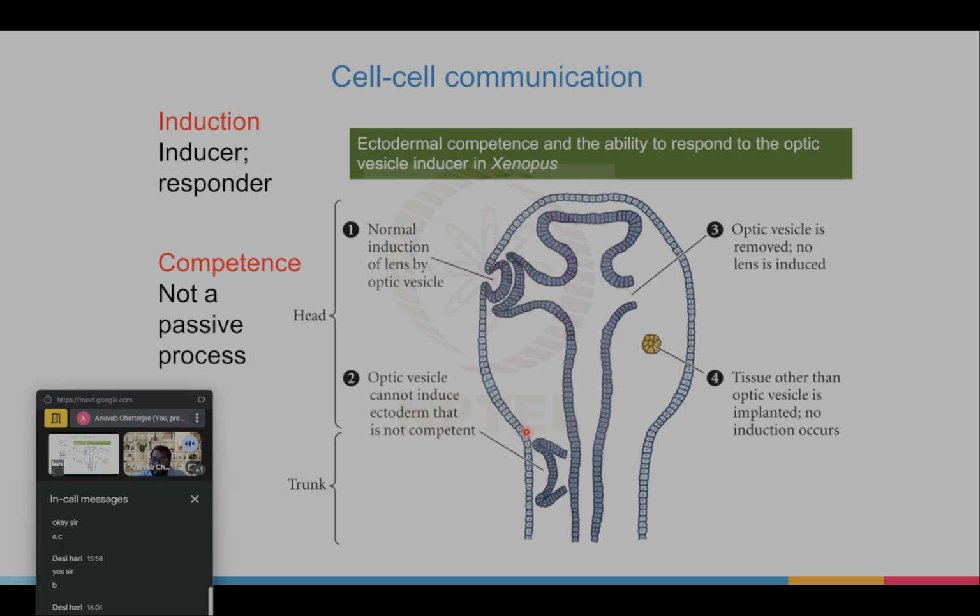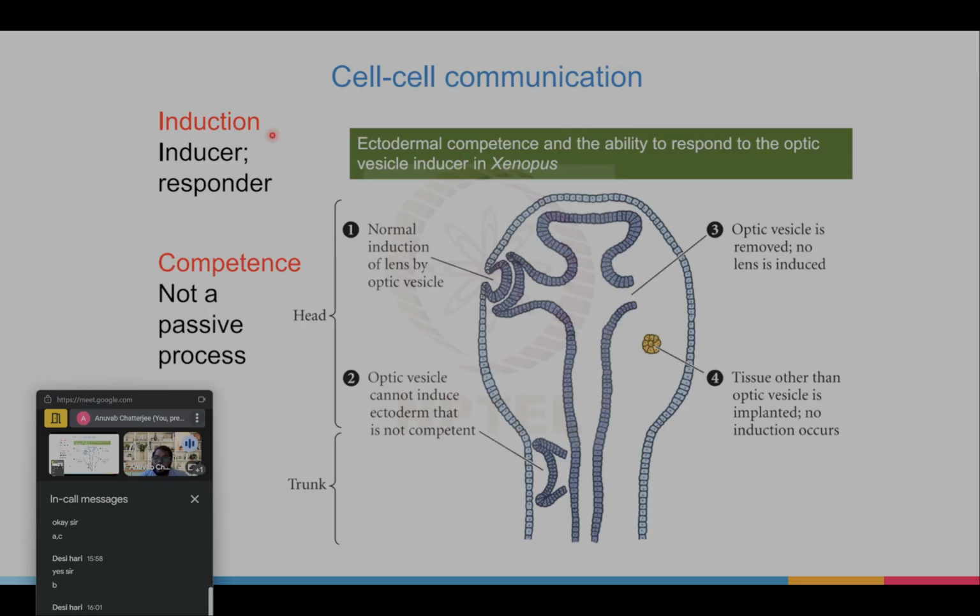So it is not competent enough to receive the signal and undergo lens formation. So these two things go hand in hand. One tissue induces the other to form something, and the other tissue needs to be competent enough to receive the signal and form whatever structure it needs to form.